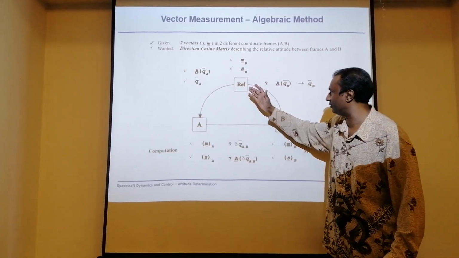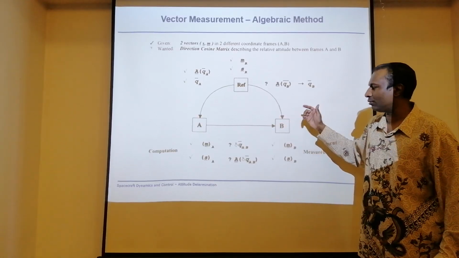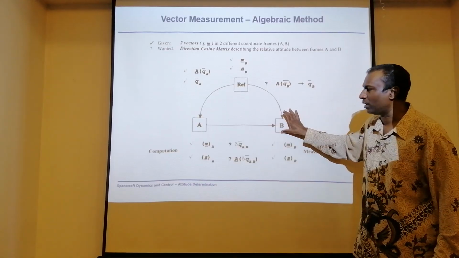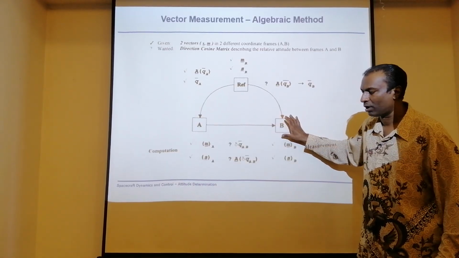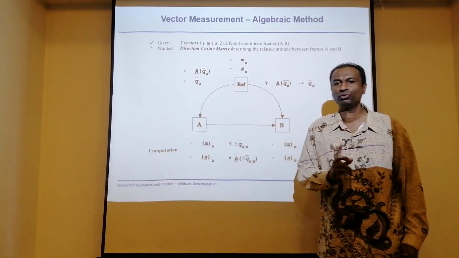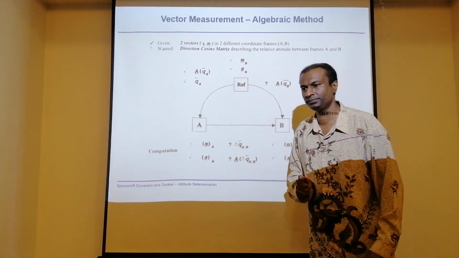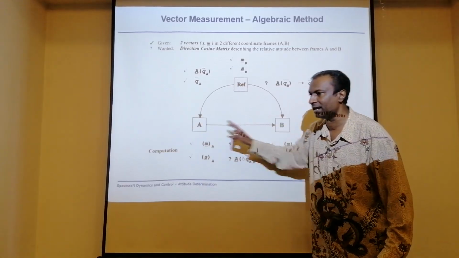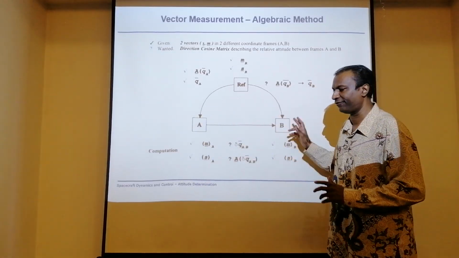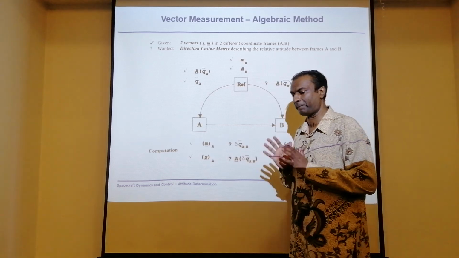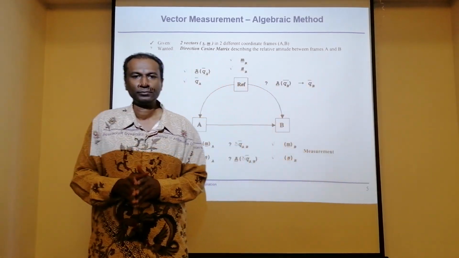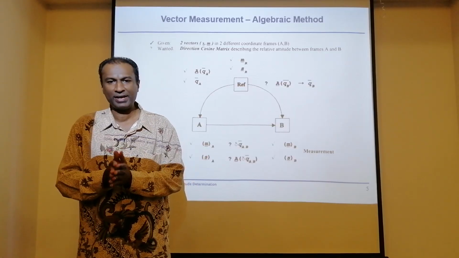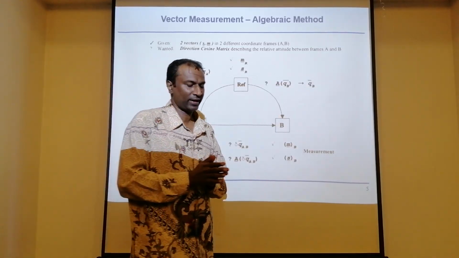Once the measurement is given, we want to know how you are flying with respect to local vertical, local horizontal. If this is perfect, there won't be any difference between A and B. A and B frames would be parallel, so there won't be any difference of angle.